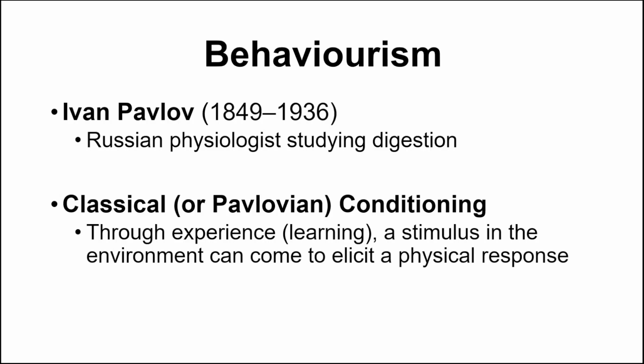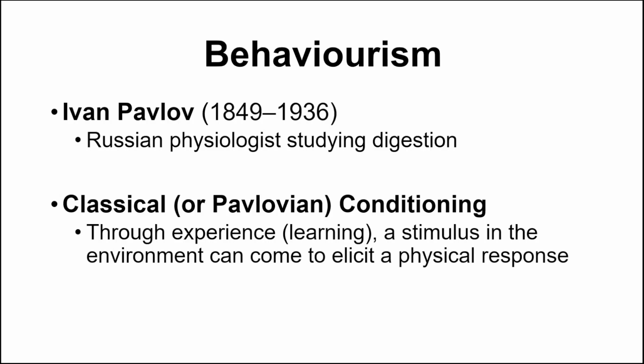So if we wanted to get a simple statement of what this kind of conditioning is all about, we're saying that through experience, by learning from stuff in our environment, we can have a stimulus in the environment come to elicit a physical response that it didn't cause to happen before.